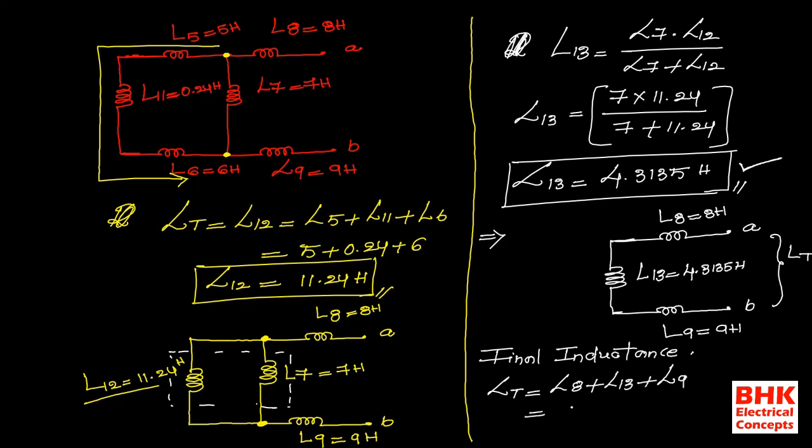That is 8 henries, L13 is 4.3135 henries, plus the value of L9 is 9 henries. By simplifying, 9 plus 8, 17, 17 plus 4, 21, it means 21.3135 henries. So this is the value of total inductance across terminals A and B for the given network.